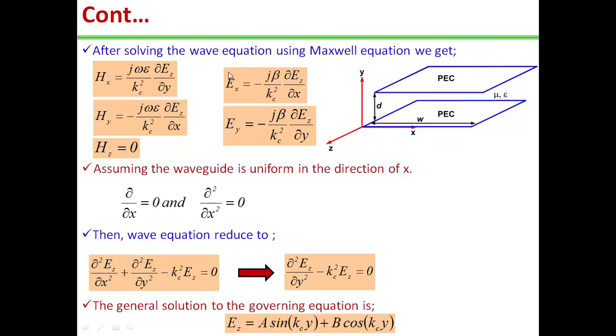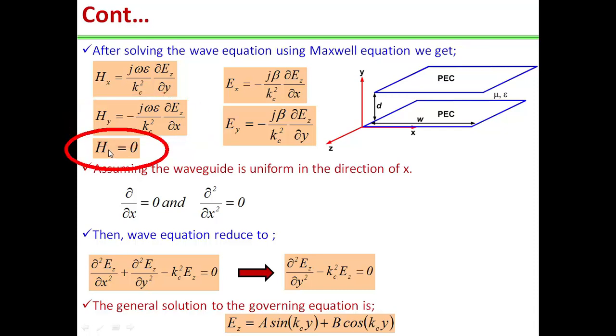Now after solving the wave equation using Maxwell's equations, we find the different field components of the magnetic and electric fields. The magnetic field component along x is Hx equal to j omega epsilon divided by Kc square, del by del y of Ez, and the magnetic field along y is Hy equal to minus j omega epsilon divided by Kc square, del by del x of Ez.